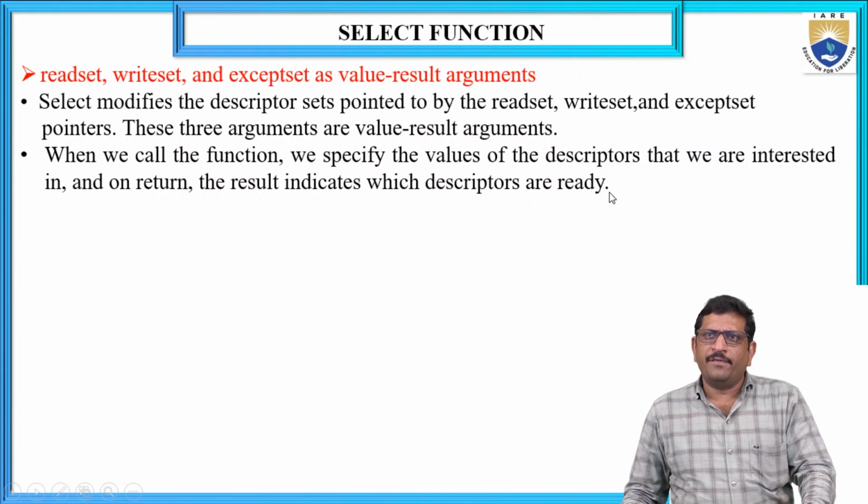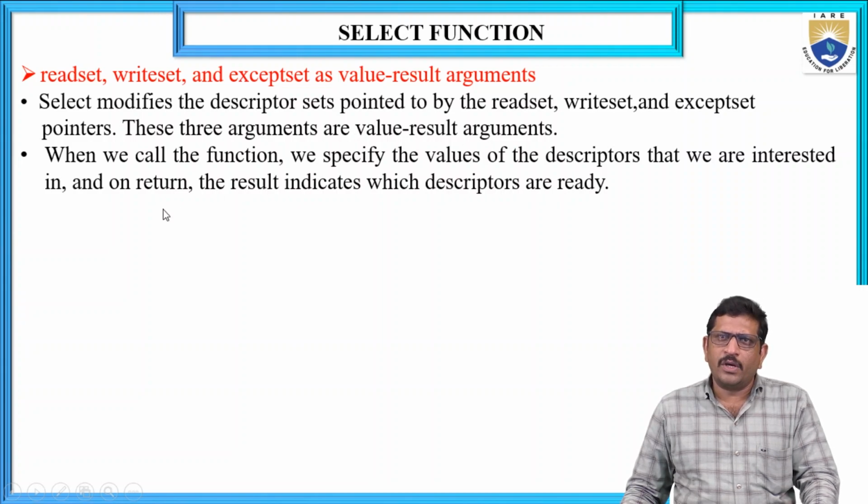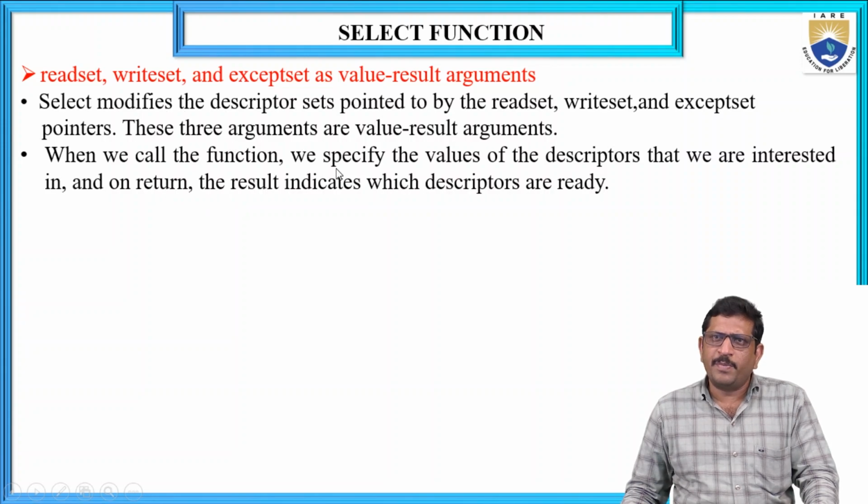What is the result of writing between this primary device and secondary device? What are the exceptions? When we call the select function from the primary device, we specify the values of the file descriptors we are interested in, and on return the values.